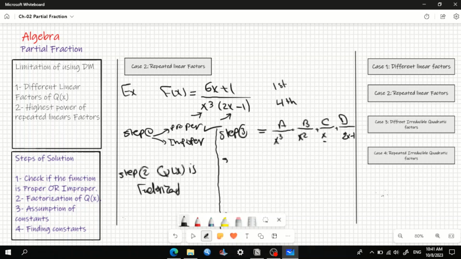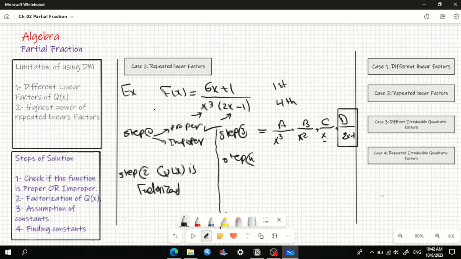Step 4: to find A, B, C, and D, let's check the limitation of using the direct method. We have a different linear factor here, so we can find D by the direct method.